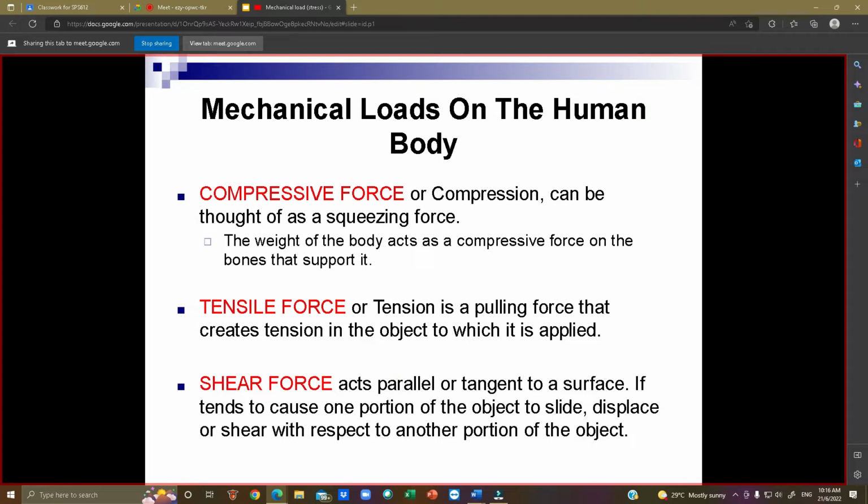Okay. So, to divide the mechanical loads, we can divide that into two. One is known as stress. Ni semua ni yang kita nampak ni, nama dia stress. And by having stress, we are going to have strain. Okay, we have stress, we have strain. Dua benda.